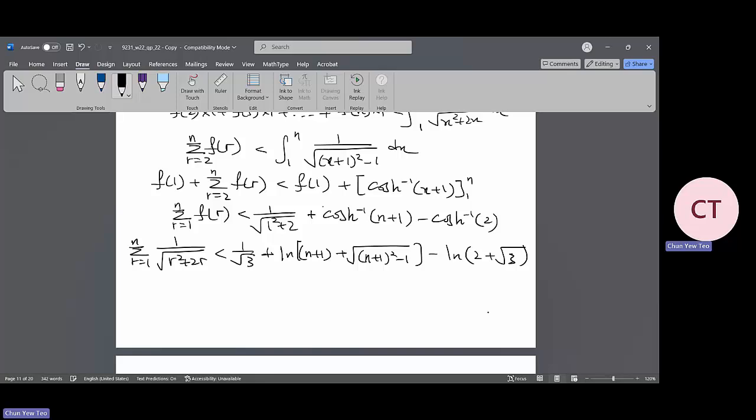Formula just for your information: arcosh of x is equal to ln of x plus the square root of x squared minus 1. This is the formula. You can find this formula in the formula booklet.